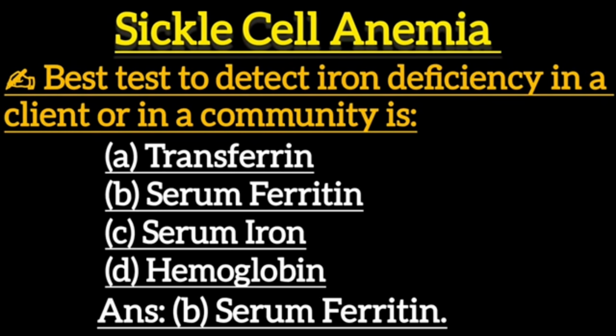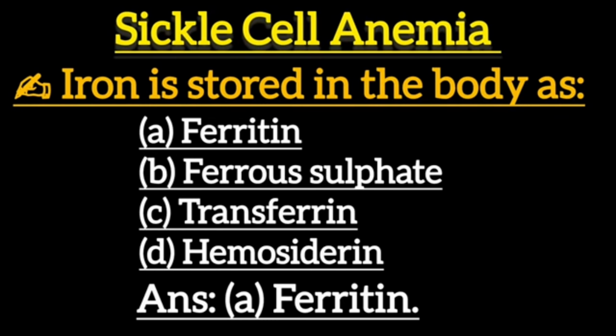Next one is, the best test to detect iron deficiency in a client or in a community is option A, transferrin. Option B, serum ferritin. Option C, serum iron. Option D, hemoglobin. Correct answer is option B, serum ferritin. Next one is, iron is stored in the body as option A, ferritin. Option B, ferrous sulfate.